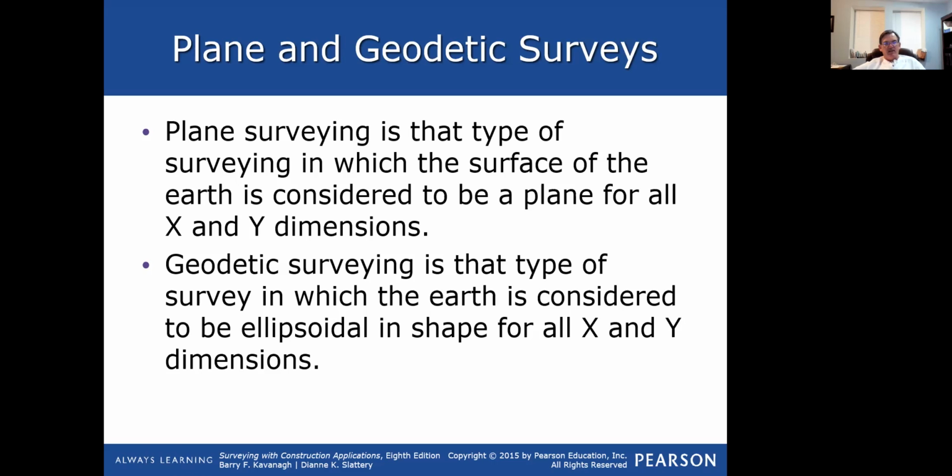Surveyors measure in X and Y, just like your graphs from geometry or algebra. If you remember, the Y direction is up and down on your graph, and the left to right is the X direction. And so surveyors use the X and Y. The Y is the northing. As you go up like a compass, it's north. And the X is easting as you go to the right, or you go east on the compass.